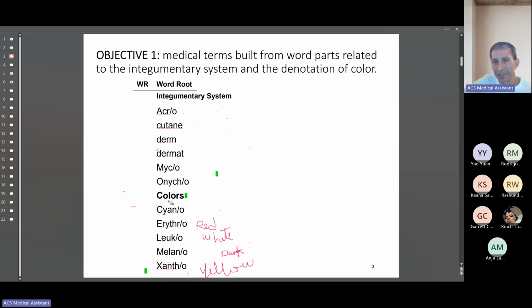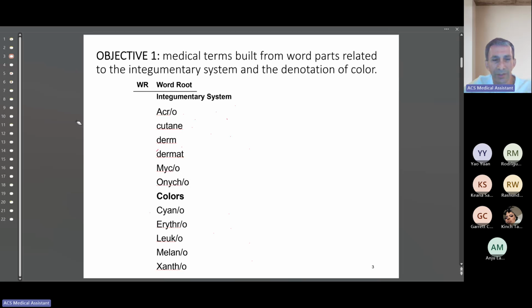So we're going to put these colors and these word roots. We're going to have a medical term, and we're going to define them, because that's the purpose. We're going to define these medical terms. It's important that you define them so you understand then what it means.